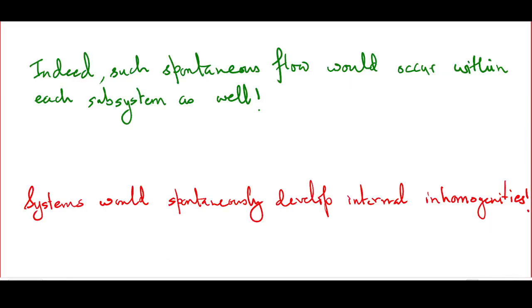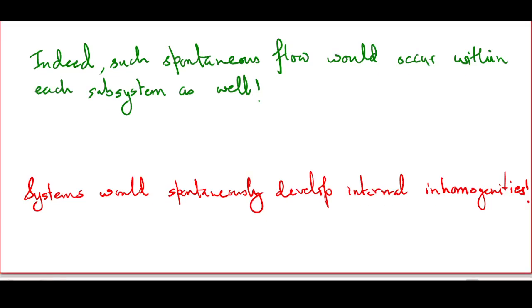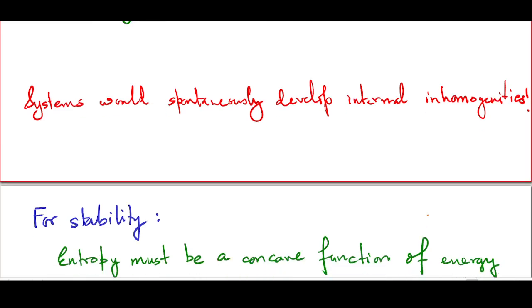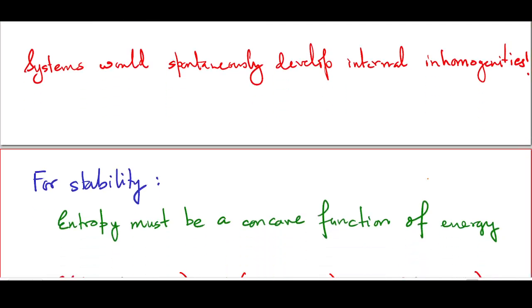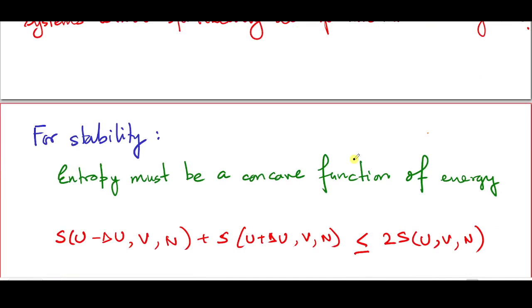So what would you need for stability? What you would need is entropy must be a concave function of energy. That is to say, if you were to take S of U minus delta U, I'm not really bothered about the other variables right now, add to it S of U plus delta U, all the other variables are of course fixed at the same value, then you must have a value which is less than or equal to twice S of U, with other variables staying at the same values again.